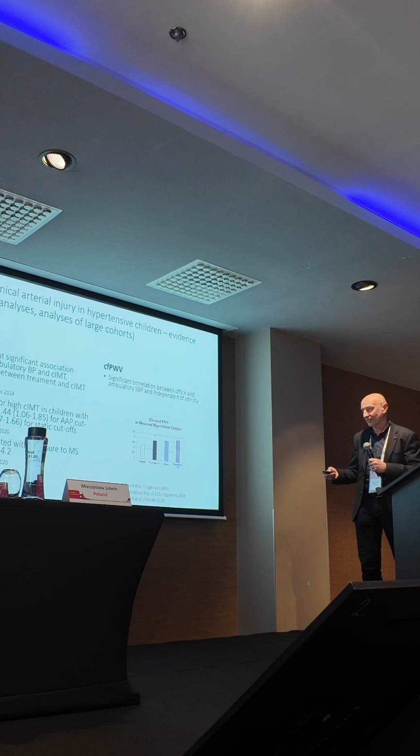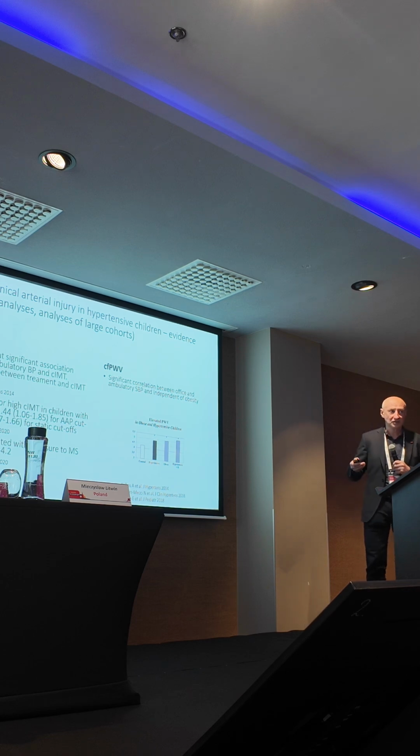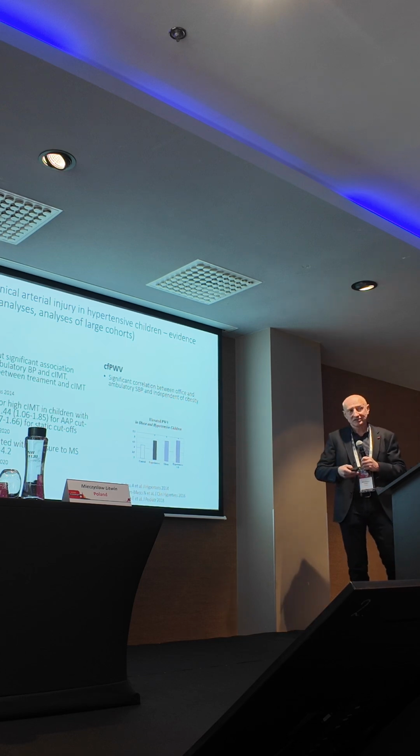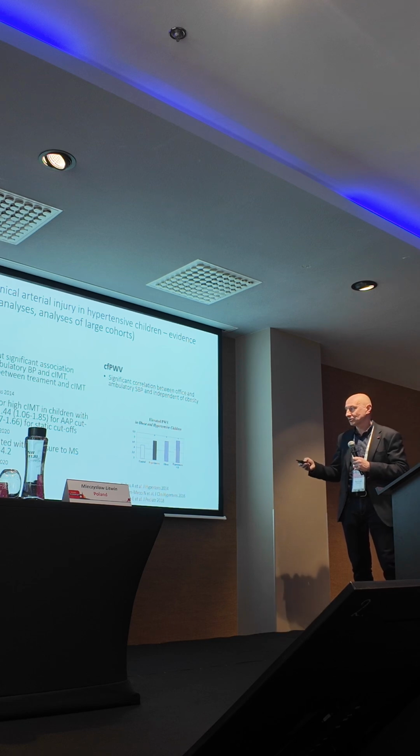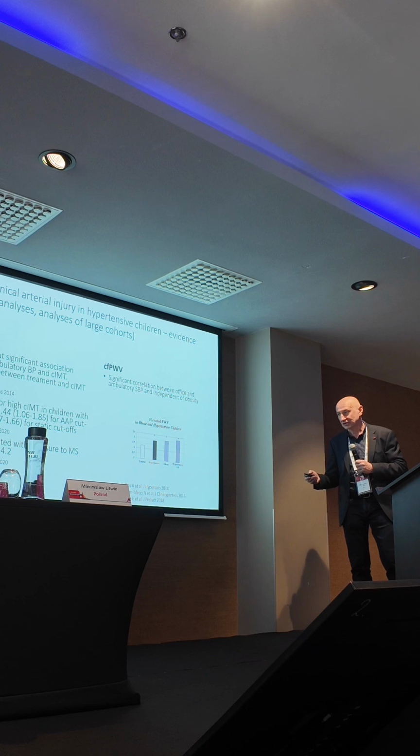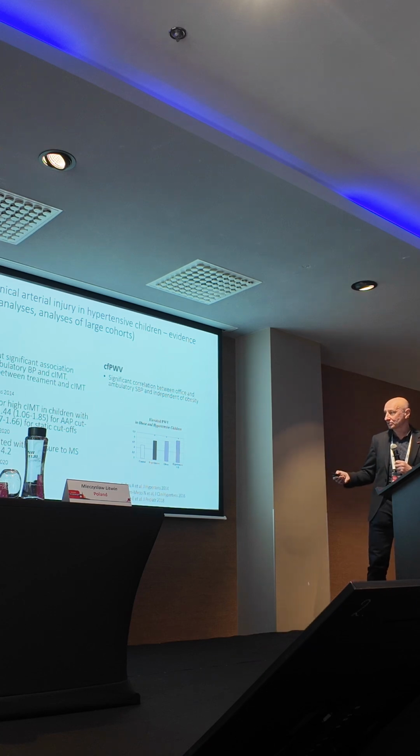And there are some groups of patients with chronic disease, like CKD, hypertension, or diabetes, which show a significant association of increased carotid intima media thickness or faster carotid-femoral pulse wave velocity with increased cardiovascular risk in adulthood.